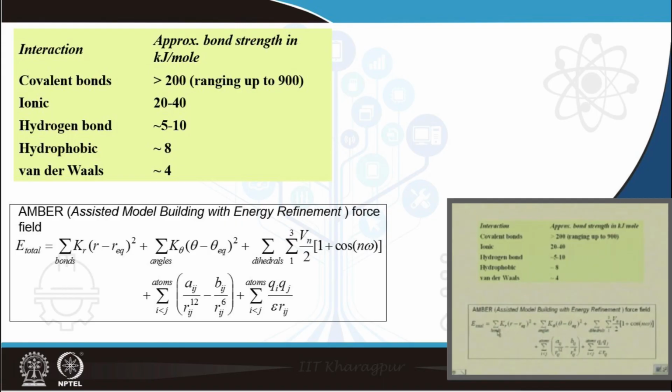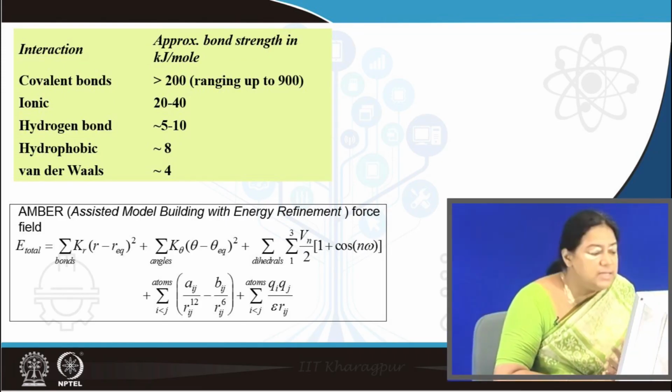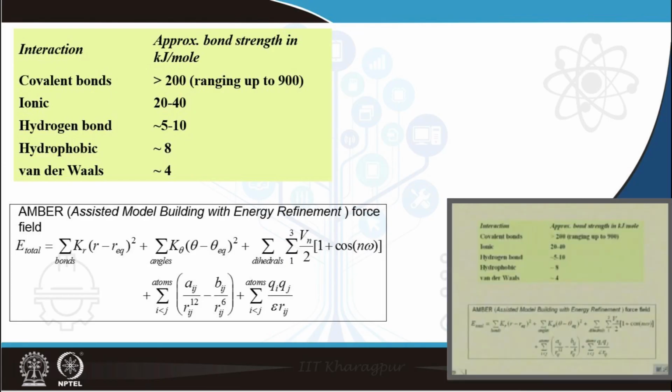Because as soon as you form a dipeptide, you recognize how it is going to increase the number of bonds, increase the number of angles, and increase the number of dihedrals.